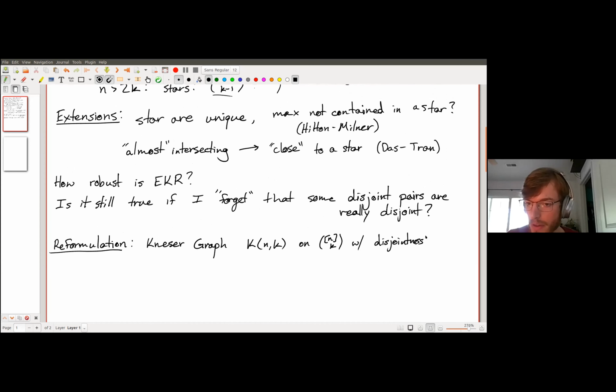So two k-sets are adjacent in this graph if and only if they are disjoint.